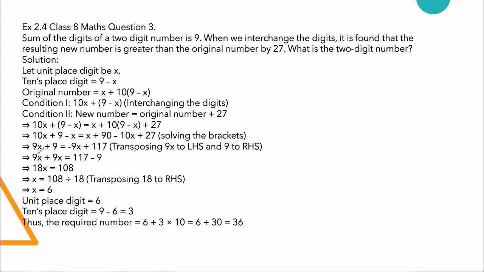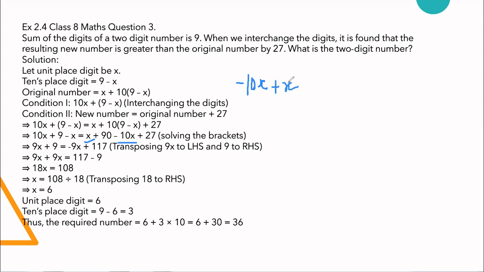Now how do we solve this? That's quite simple, guys. Just concentrate here. I have x plus 90 minus 10x plus 27, right? What are the variables in this? x and minus 10x. So the variables are minus 10x and plus x. Let me just write that down.